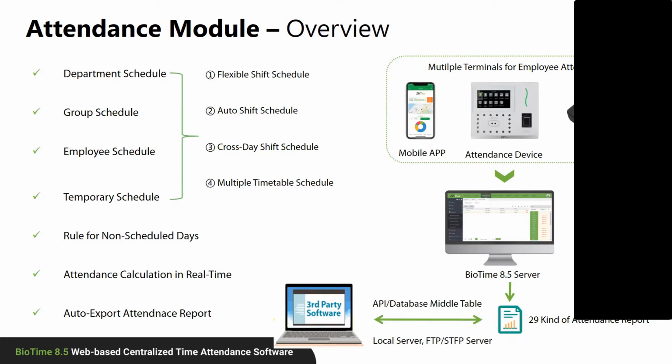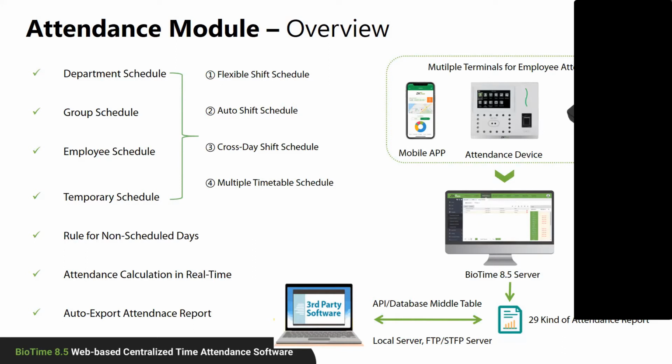And then we have rules for non-scheduled days. Let's say an employee comes to work on a day when no schedule is added and you want to define a rule for those days; that option is available. And attendance calculation is in real time. You add all the settings and do the calculation one time, and from the next day onwards, the calculation is done automatically in real time based on check-in, check-out, and the schedule shift configuration for the employee.